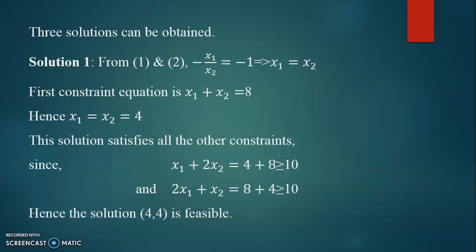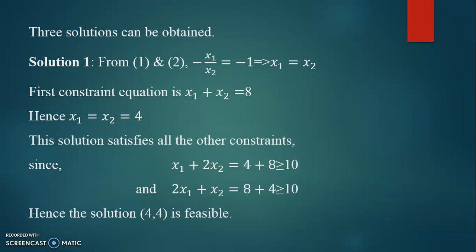Solution 1, from equations 1 and 2, we get minus x1 by x2 is equal to minus 1. That implies x1 equal to x2. First constraint equation is x1 plus x2 equal to 8, and we have x1 equal to x2. From these two equations, x1 equal to x2 and both are equal to 4. This solution satisfies all the other constraints.